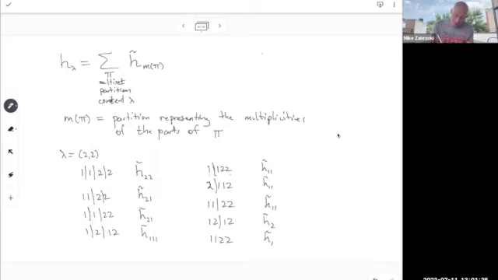So my transition is H lambda tilde of mu is tableau, and then there's a weight for my tableau.